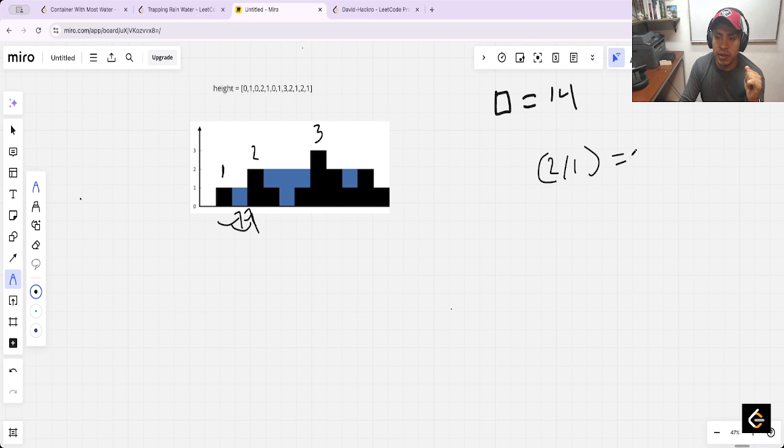What is the minimum? The minimum is 1, which means we can calculate only this. We have 3 elements less 2, that means that the barrier is equal to 1. Okay, now move to the next.